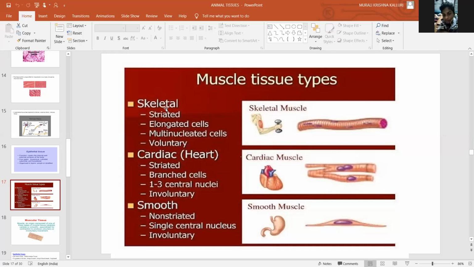First, the skeletal muscle. The skeletal muscle is present in our body. They have striations, the striations of the muscle. The skeletal tissue has striations and elongated cells.